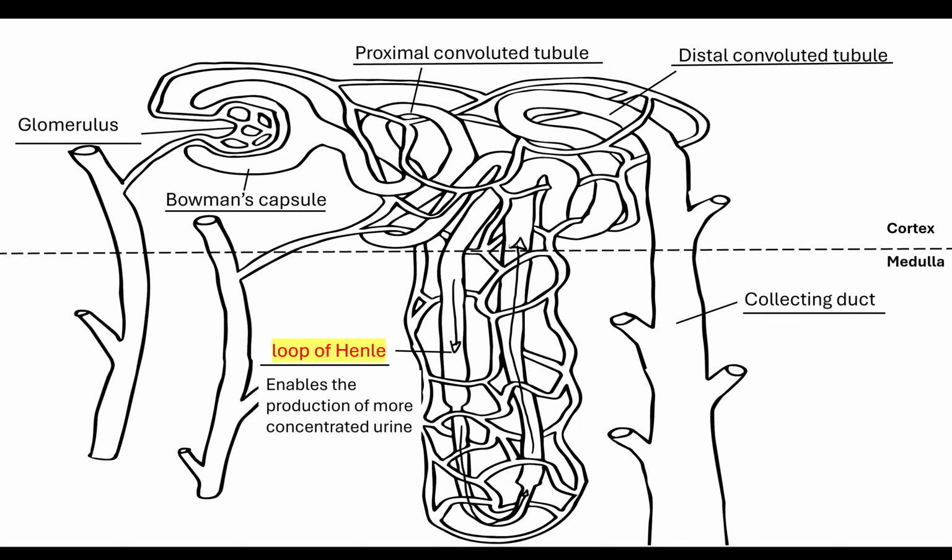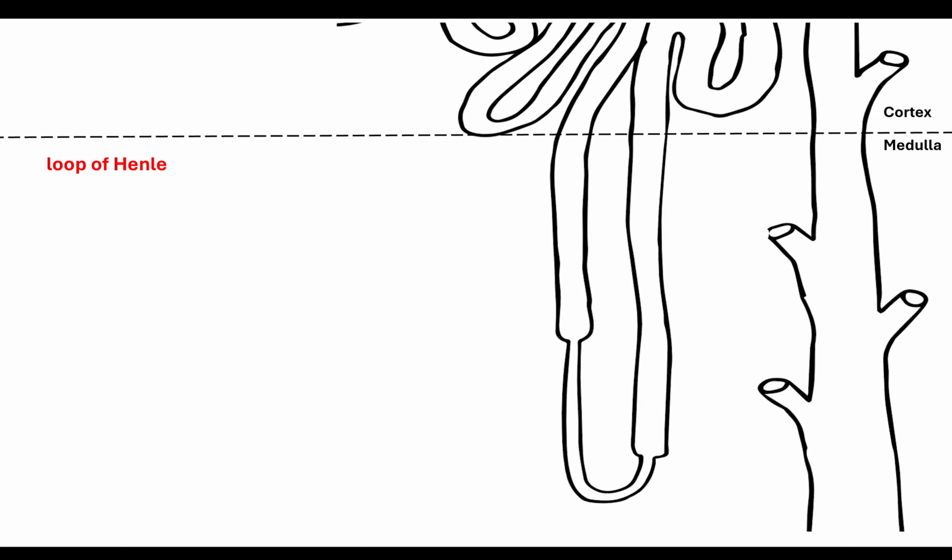If they need to retain more water inside the body because they live in areas where water is in short supply, then you would find an animal that would have a longer loop of Henle. So let's look at this loop of Henle and identify some key features.